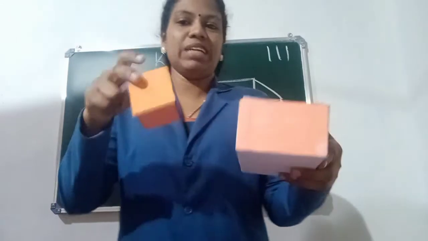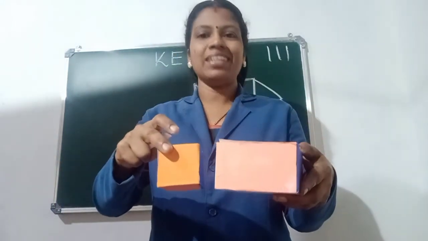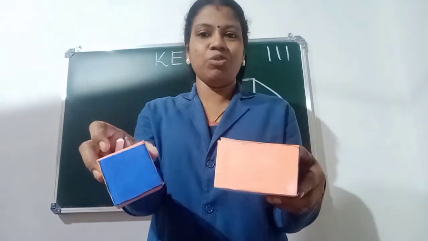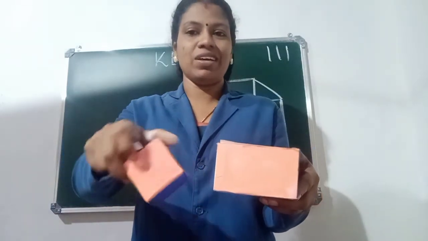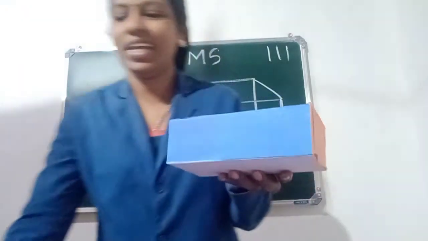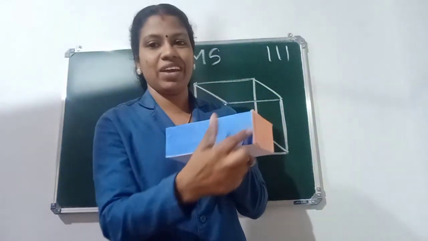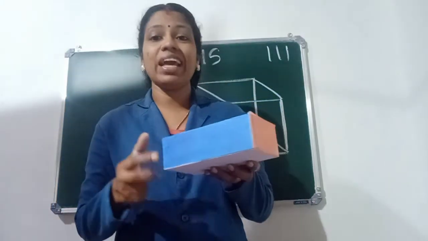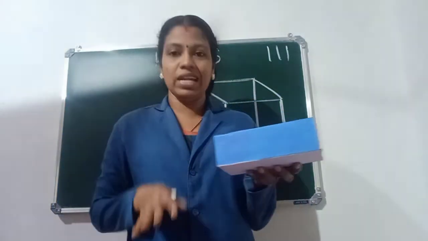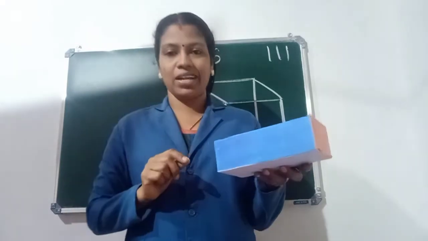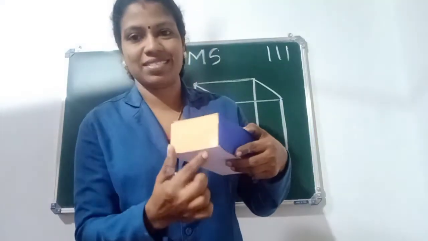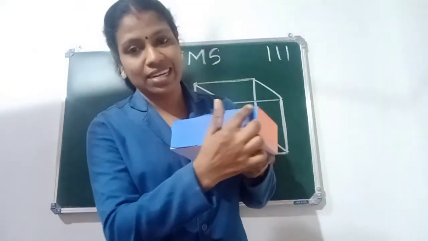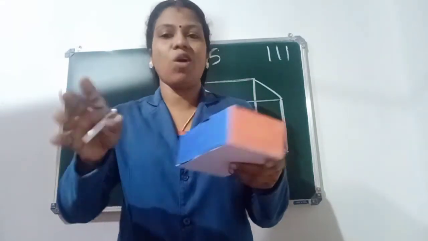Yes, the face. Each face of a cube is in the shape of a square. But in a cuboid, each face is in the shape of a rectangle. That is the only difference.